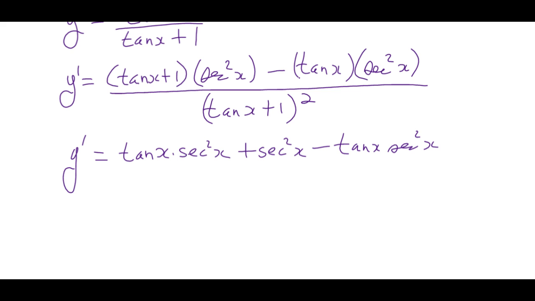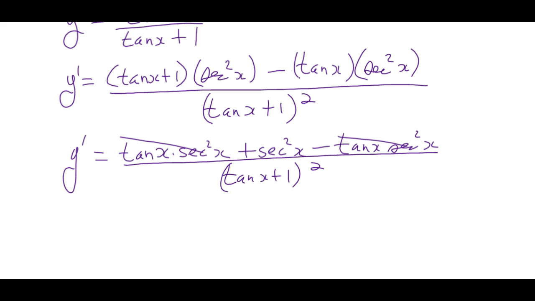So this, gone, over tan x plus 1 squared, and ultimately this and this.